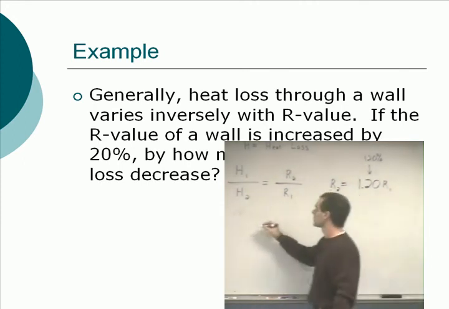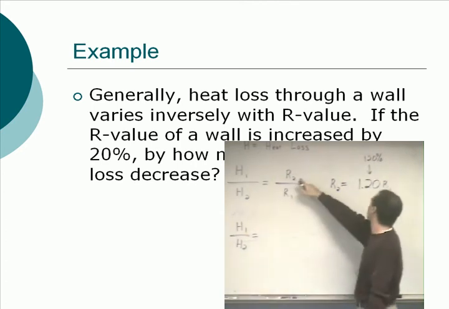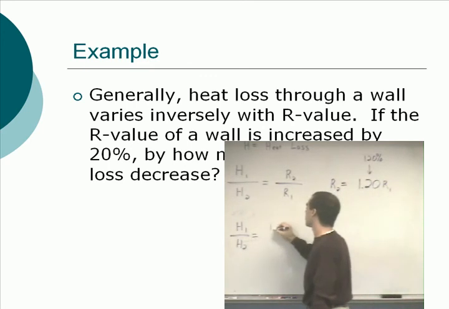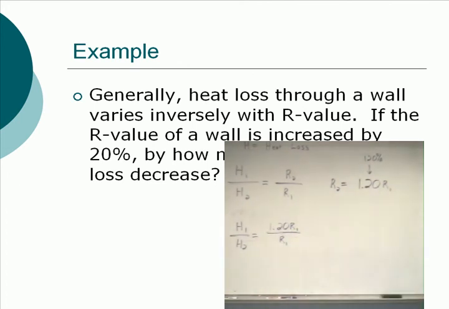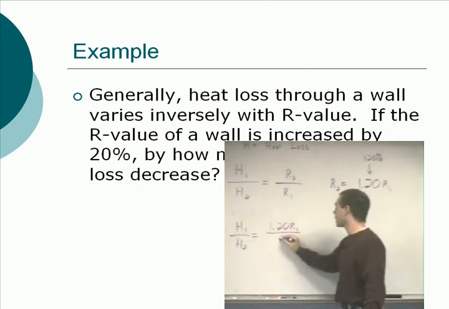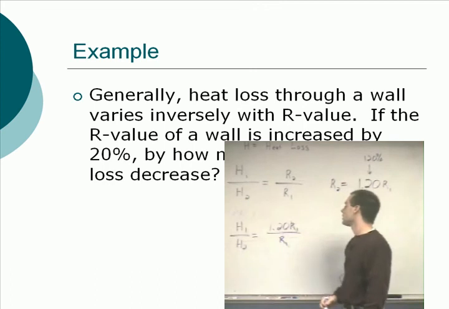Substitute. H1 over H2 is equal to, let's see, we know what R2 is. It's 1.20 R1 over R1. What happens to the R1s? They're gone. And we want to solve this for H2, the new heat value.